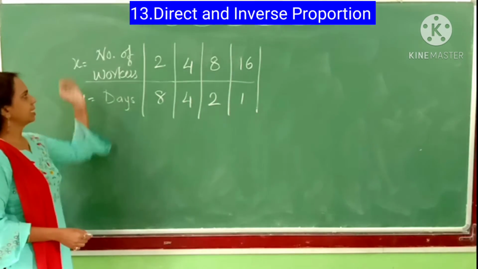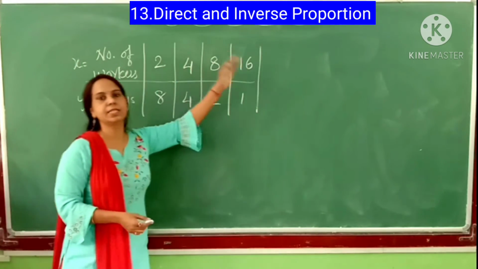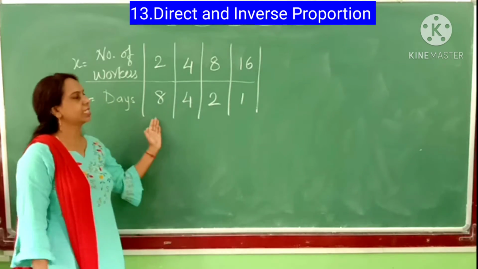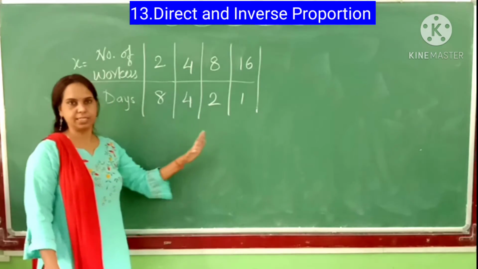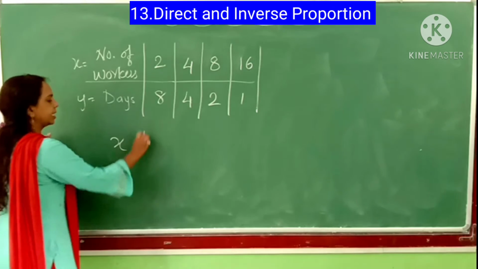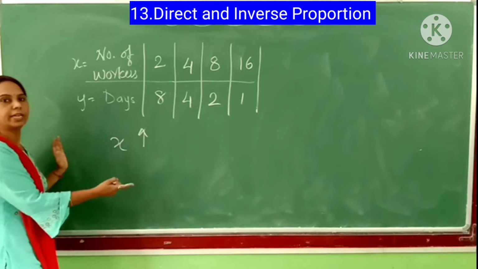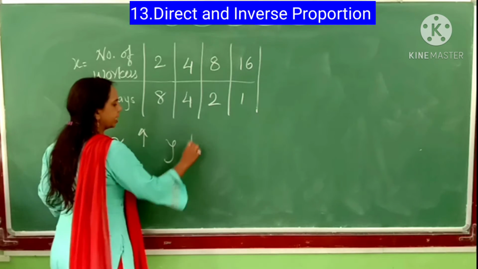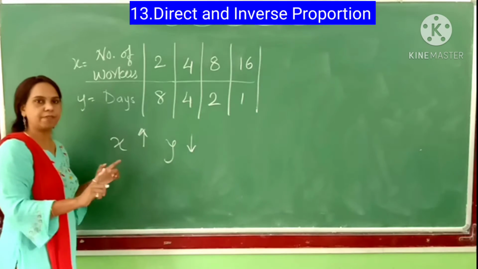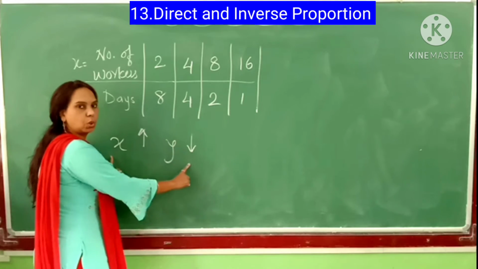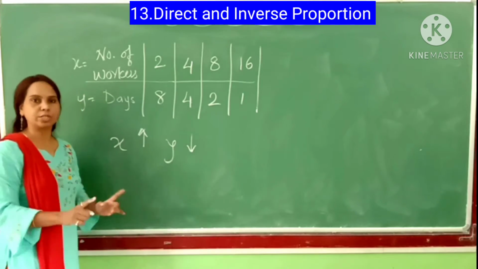Here you can see that as the number of workers increases, the number of days for doing the work decreases. So here x increases, the related quantity y decreases. Now here the product of the two quantities is constant.